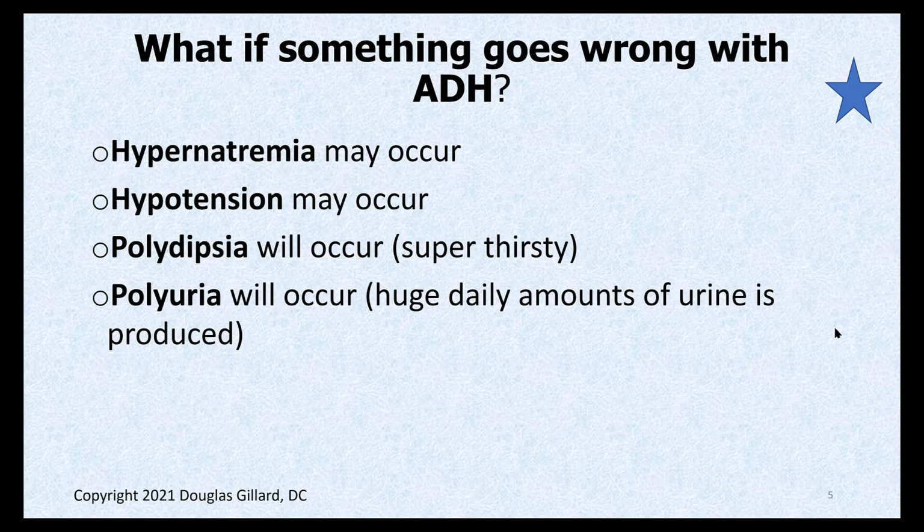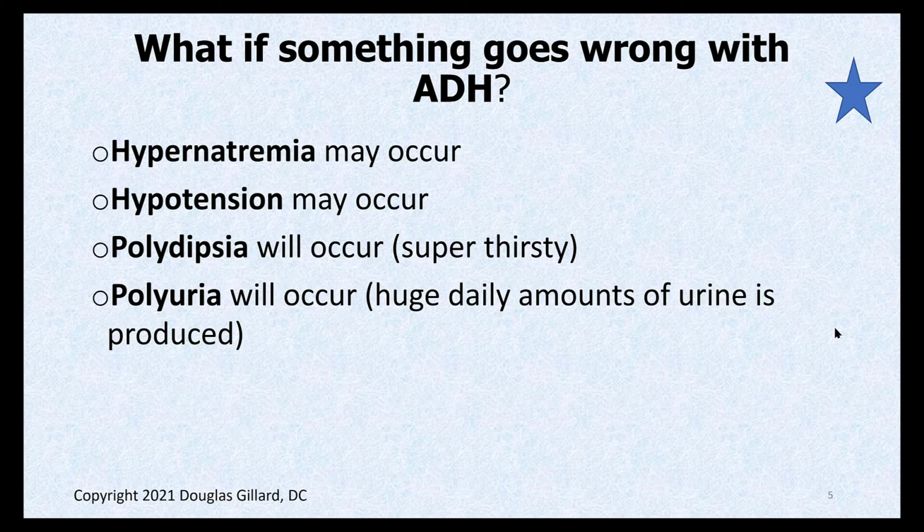All right, so what if something goes wrong with ADH? What if it's not made properly? What if it stops being released from the hypothalamus? Or what if the kidney starts becoming resistant to it? What if it can't bind? Well, then we get a condition called diabetes insipidus.